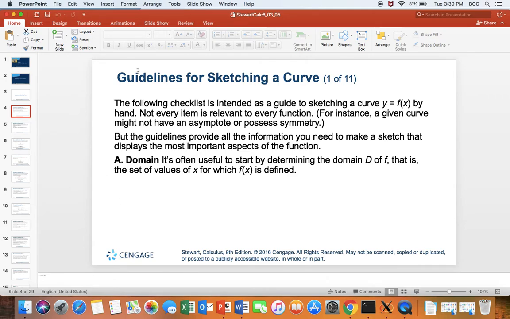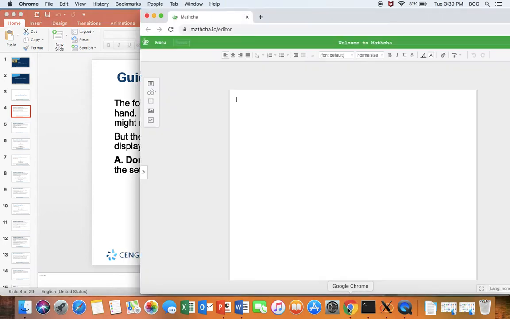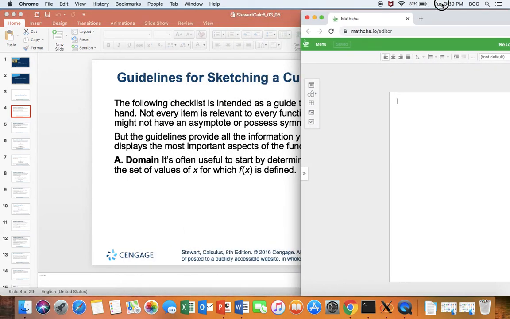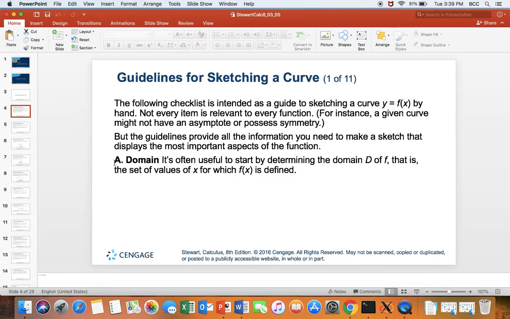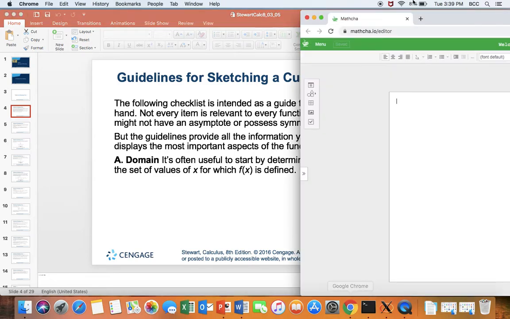So I have a file here. Let's write down the important points. Okay, A, it is the domain. The very first thing we have to check is the domain. The domain of f is the set of values of x for which f(x) is defined. Okay, so A is the domain.